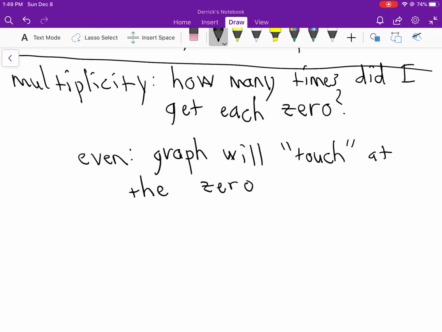What I mean by that is, we have a graph right here. Let's say right here is an x-intercept, a 0. If the graph came from above, when it hits this 0, if it's an even multiplicity, it's going to touch that 0 and then head back the way it came, also heading back up.